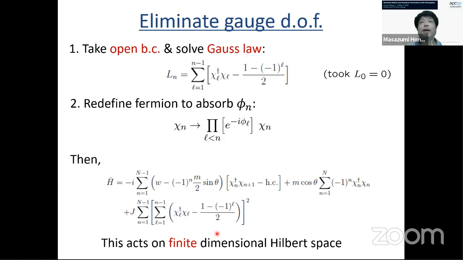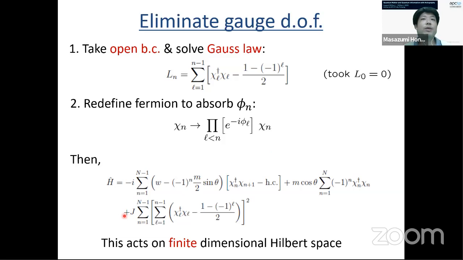First, we can eliminate the gauge degrees of freedom since we are in 1+1 dimensions. So let us take an open boundary condition and solve Gauss law by using this one. Then the conjugate momentum of the gauge field can be rewritten in terms of fermions. We still have a link variable, but the link variable can also be absorbed by redefining the fermion like this.